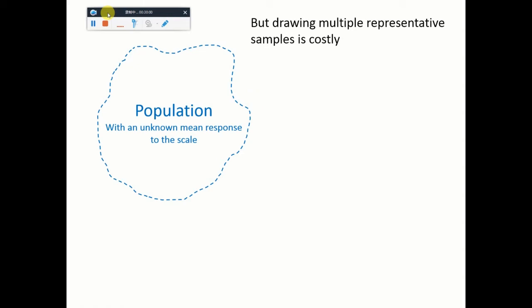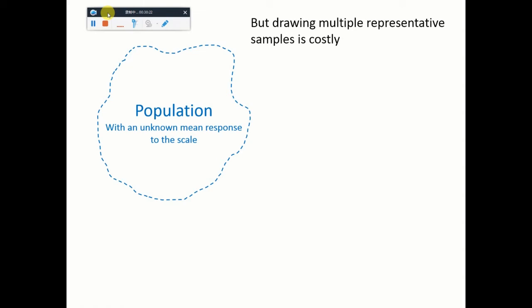Like the CNN poll. Well, CNN definitely has more resources than us to draw multiple samples. But even CNN doesn't draw samples all the time. It takes money, it takes time, it takes human resources to perform that activity.